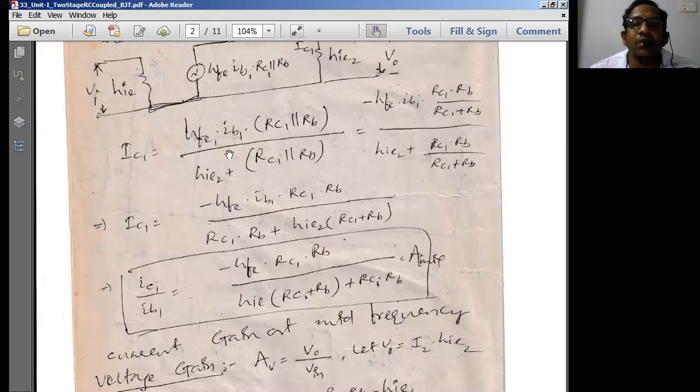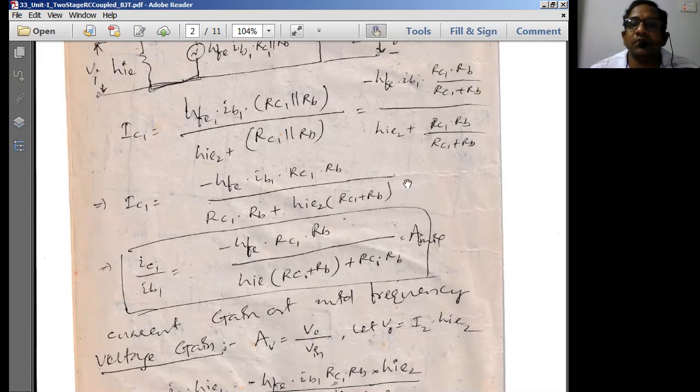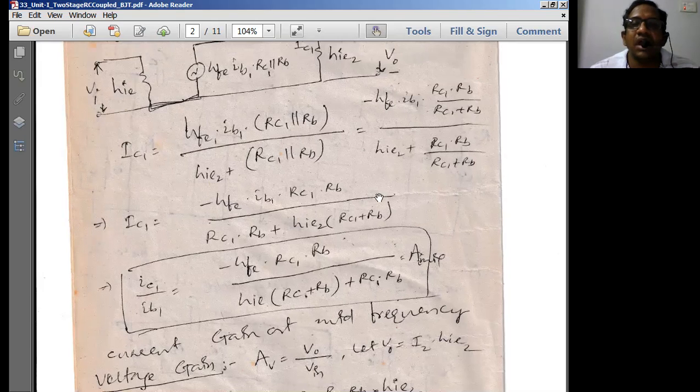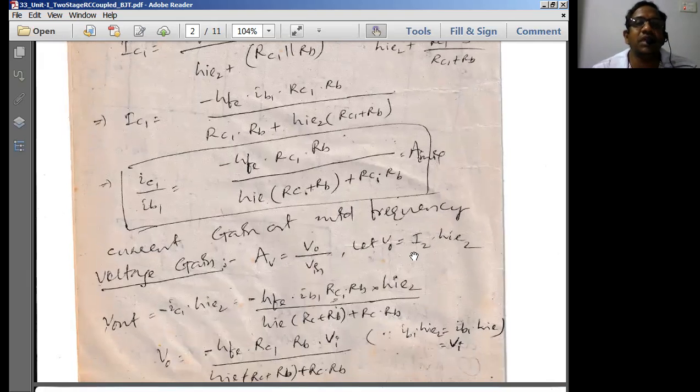Similarly, the parallel combination of RC1 and RB I can write as RC1 into RB by RC1 plus RB. Then we simply take the LCM, and RC1 plus RB gets cancelled, and we get HFE IB1 RC1 into RB by HIE2 into RC1 plus RB, plus this factor RC1 into RB. So this is nothing but the gain that we are going to get, which is called the mid-band gain, IC1 by IB1.